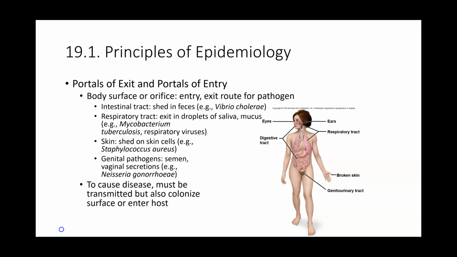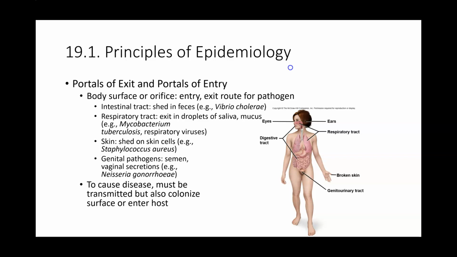So we know the reservoir of infection. Now we have to know how the pathogen leaves its reservoir to get to the next host. Portals of exit and entry are typically the same. If a pathogen goes out through the gastrointestinal route, it probably came in through the GI route as well, entering through the mouth and exiting through the anus.